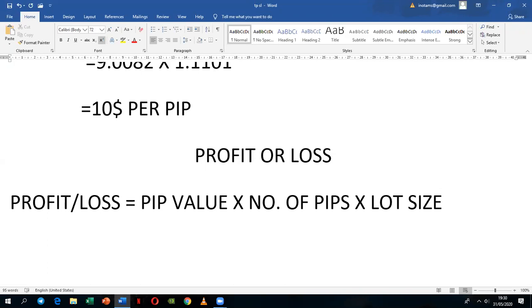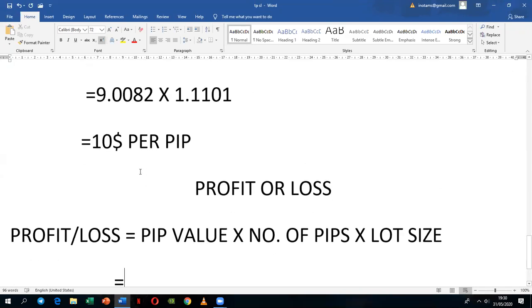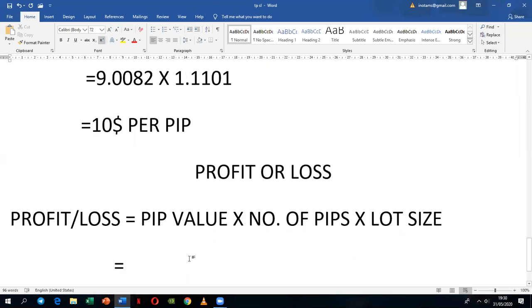Very simple. What is the pip value? Let's do this for EUR/USD. What is the pip value for EUR/USD? It's $10.